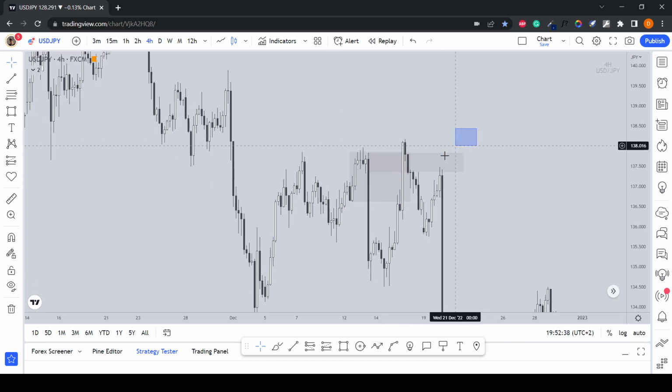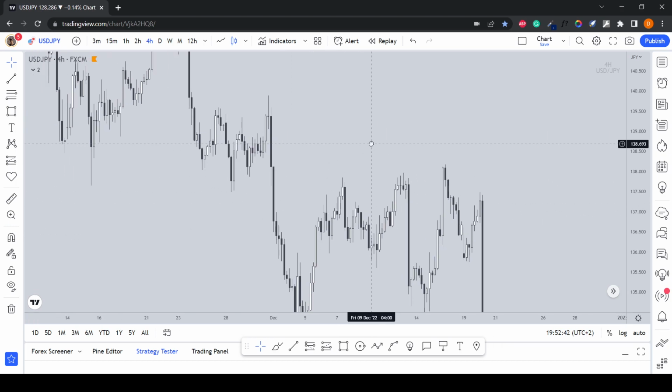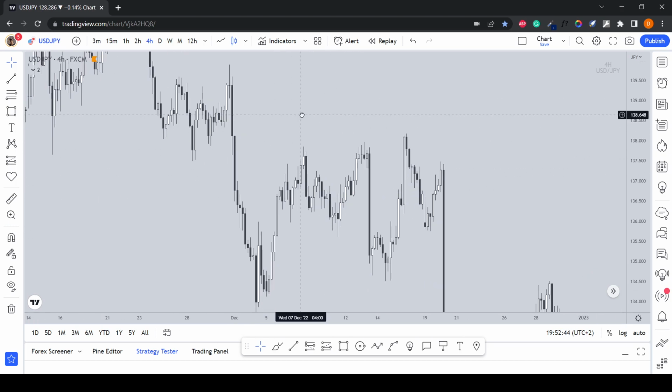So let me actually not use this example because it's an inside structure zone. Let's use this one. We have a break of structure which came from this bigger move, and then we can use, sorry, this one is mitigated. So we can use unmitigated part. You see this unmitigated part, or we can use a smaller part, or just these two up candles, or even one.